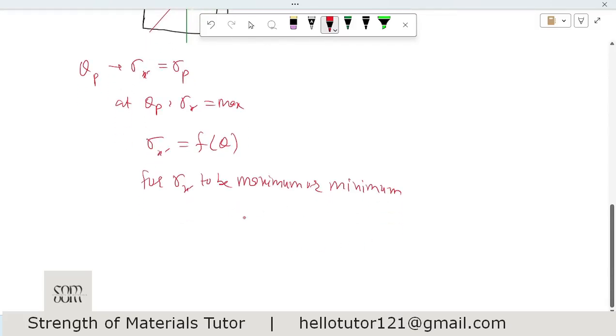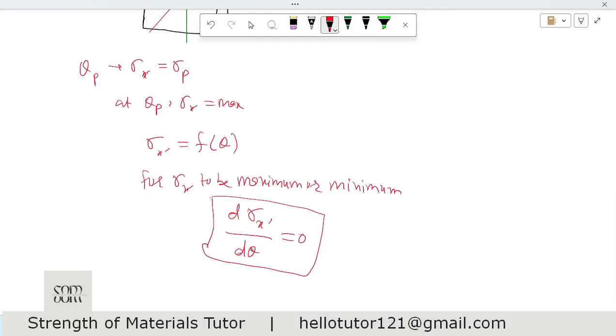The condition is that the differentiation of sigma x prime with respect to that variable, d theta, has to be 0. So if something is maximum at some angle, then the differentiation of that with respect to that value has to be 0. It is from mathematics.